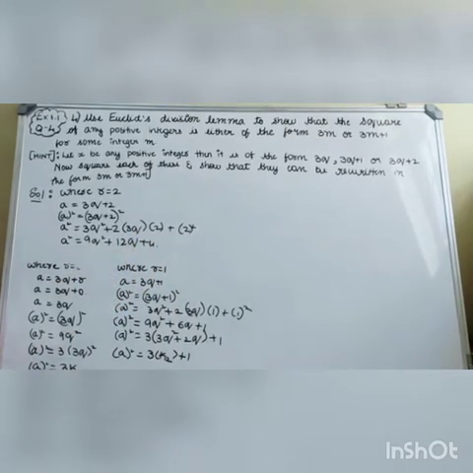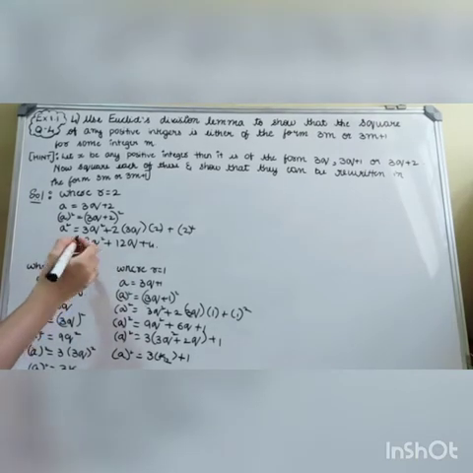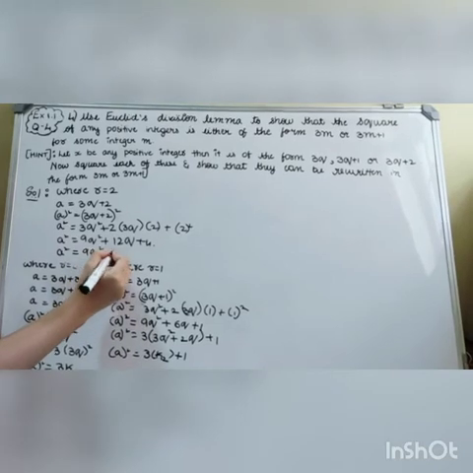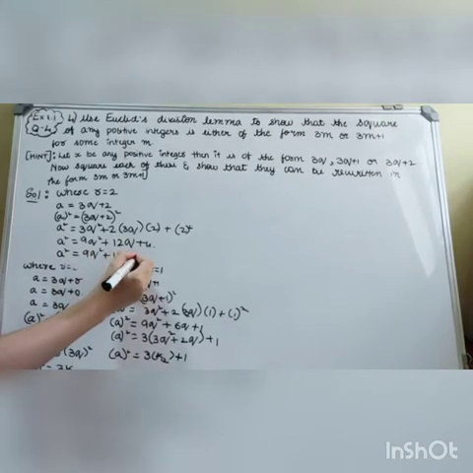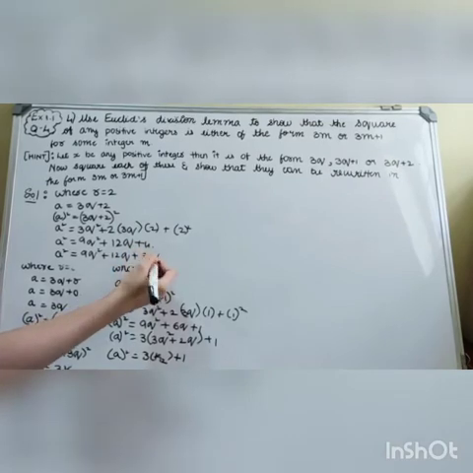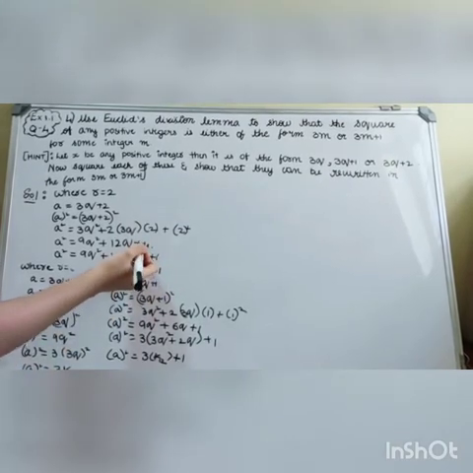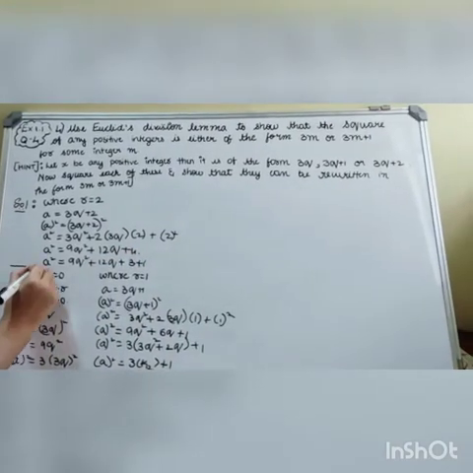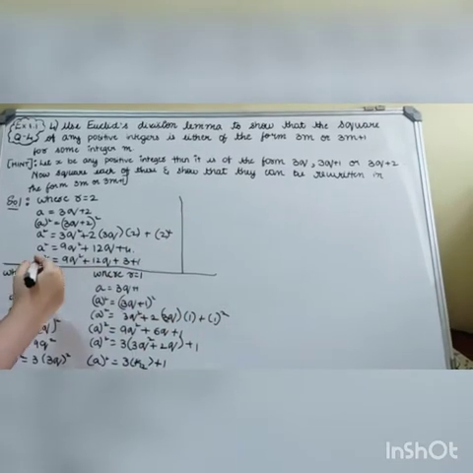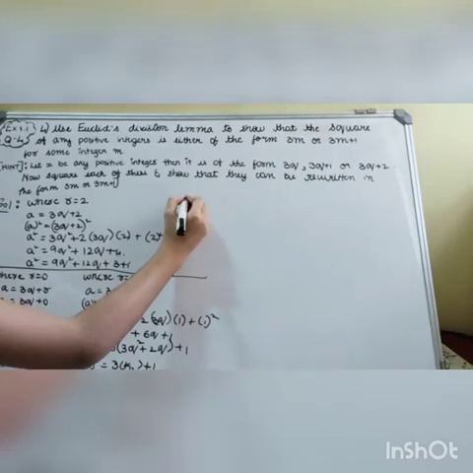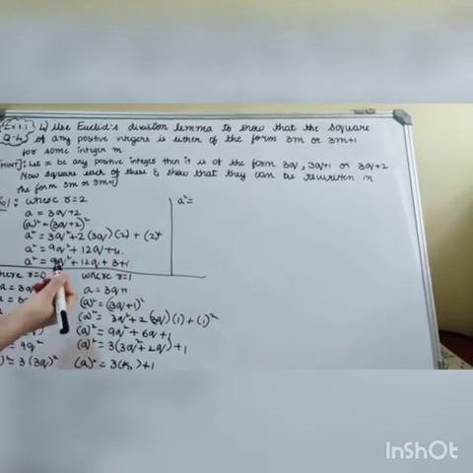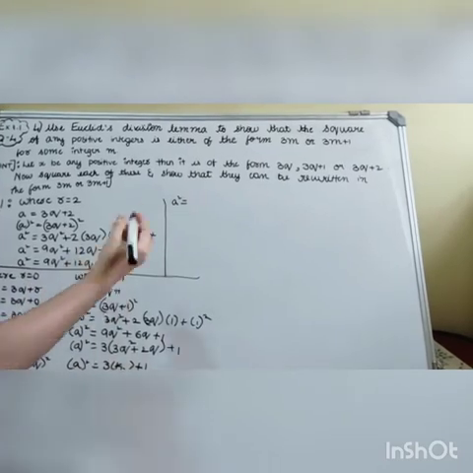Now here there is no common factor. So I'll write 9q square plus 12q plus, now I'll split 4 as 3 plus 1, as 3 plus 1 is 4. Now I'll continue my sum here. We can take 3 as common, as 3 3s is 9, 3 4s is 12, and 3 1s is 3.